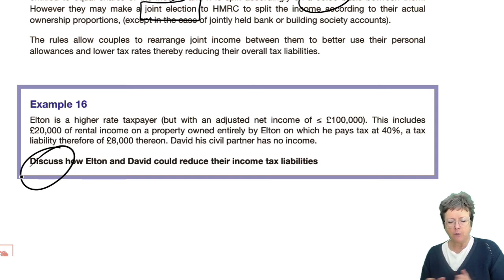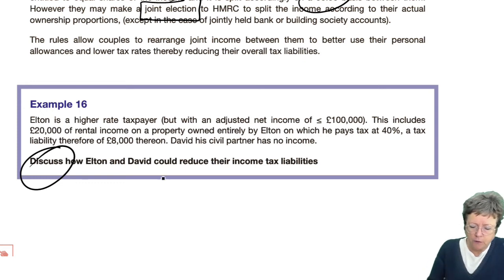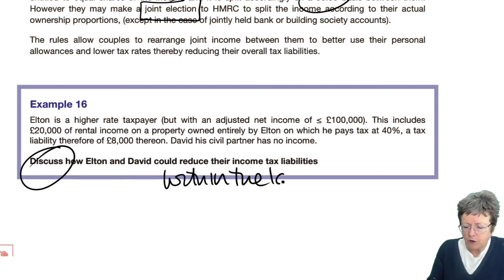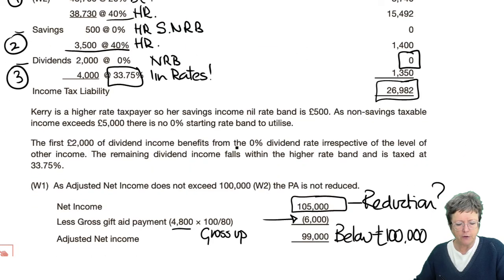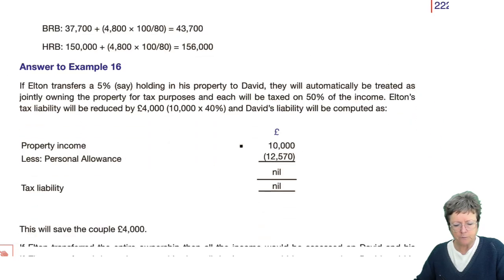Okay, so that's an unbalanced couple situation as far as tax is concerned. And within the law, there are several things that you can do to reduce their income tax liability. And obviously it has to be legal. So let's have a look at 16 and see what we've got here.